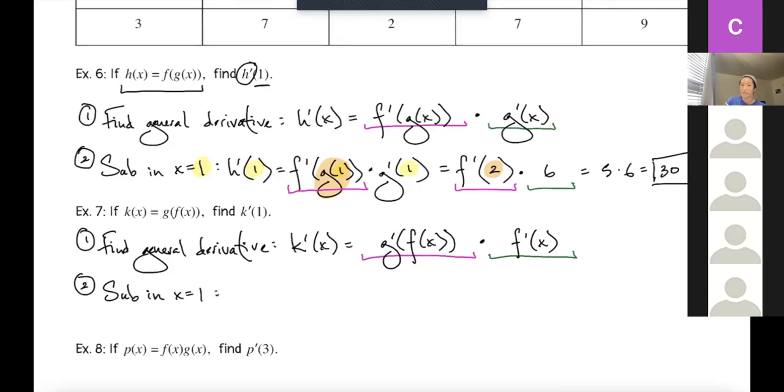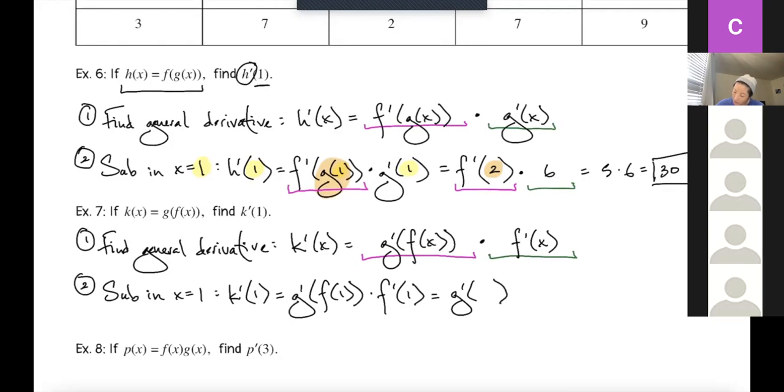All right, let's sub in x equals 1. We're going to get k prime of 1 equals g prime of f of 1 times f prime of 1. Now I can turn this into g prime of a number.